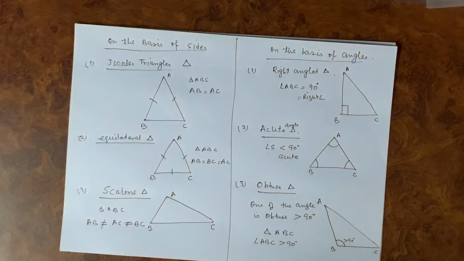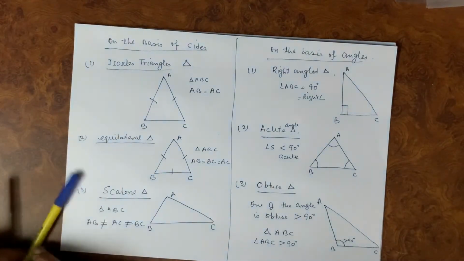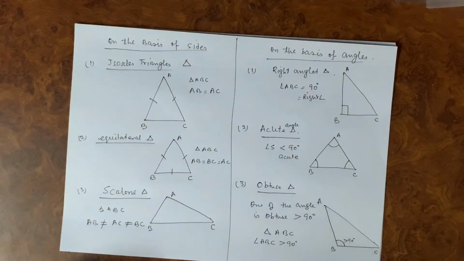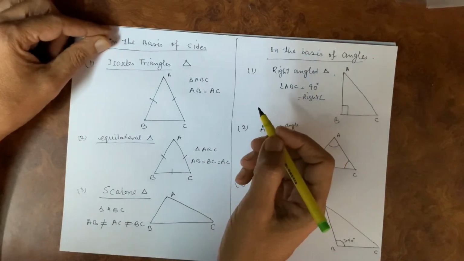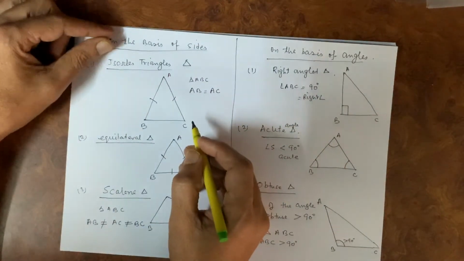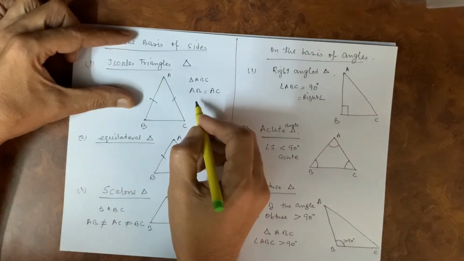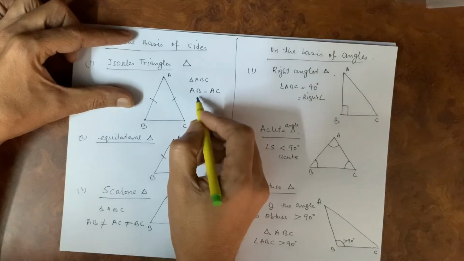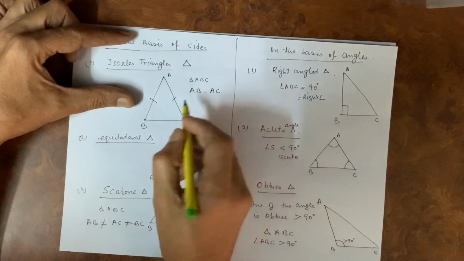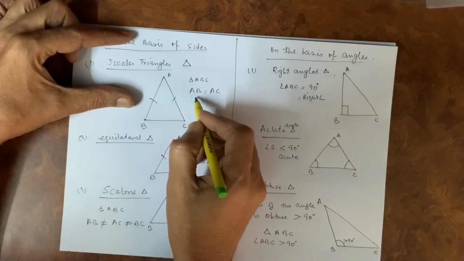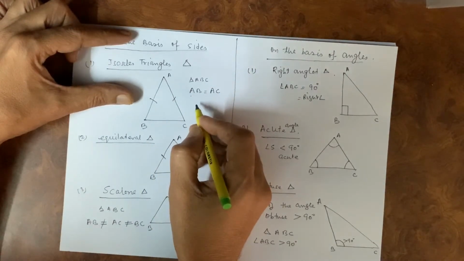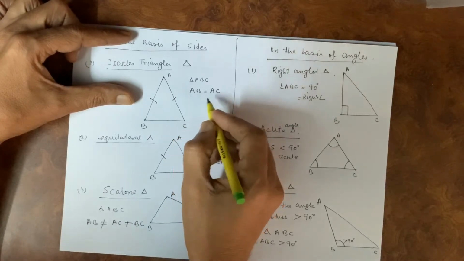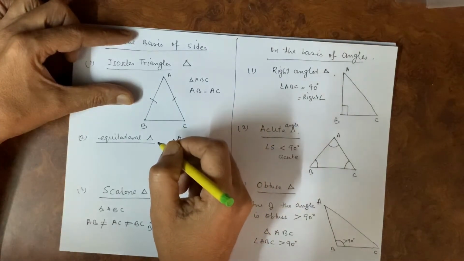Now we look at the properties of these triangles. First of all, we will consider isosceles triangles. In isosceles triangles, we have studied that two sides are equal. AB is equal to AC, and there is one more property, that the angles opposite to these sides are also equal.